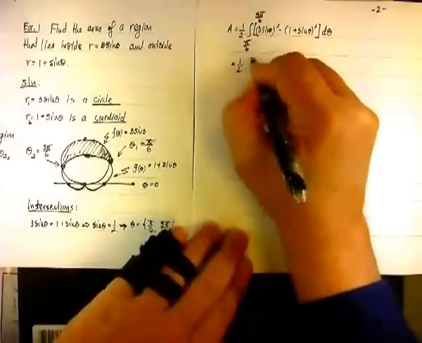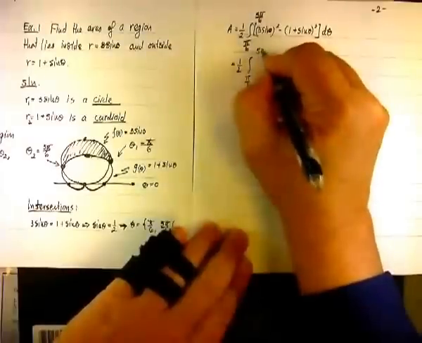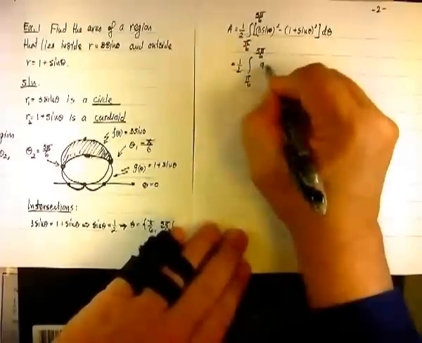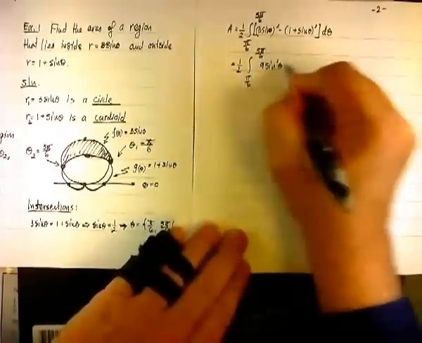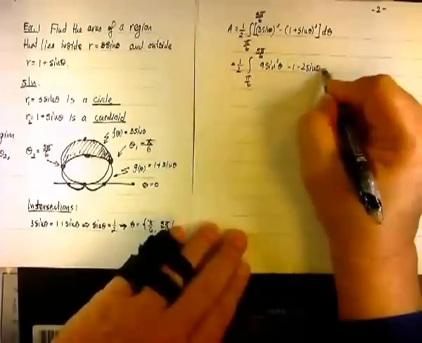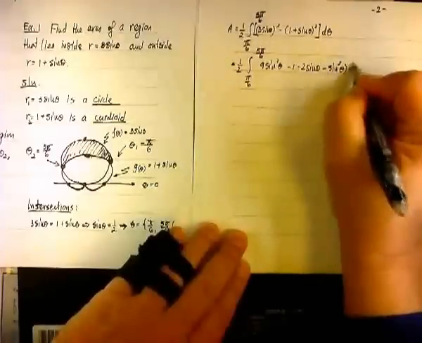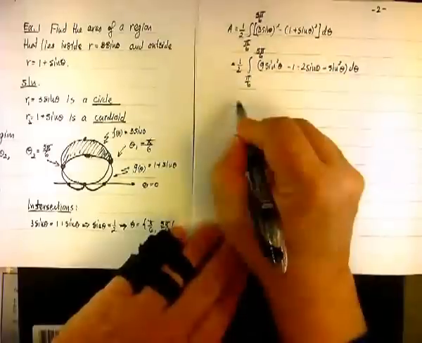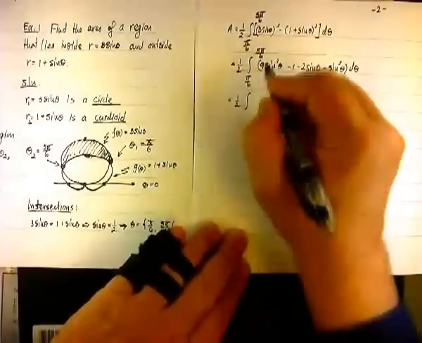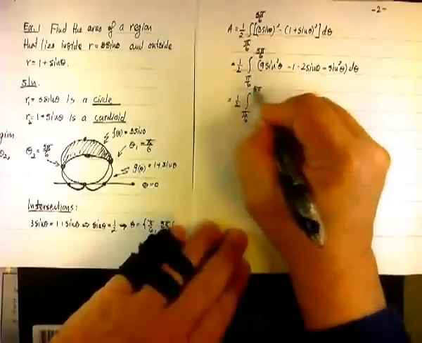So this is what we are working on. Clear the parentheses. And let's see, this will be 9, well, let me write it out. 9 sine squared theta minus 1 minus 2 sine theta minus sine squared theta, d theta, like so, with 1/2 in front.